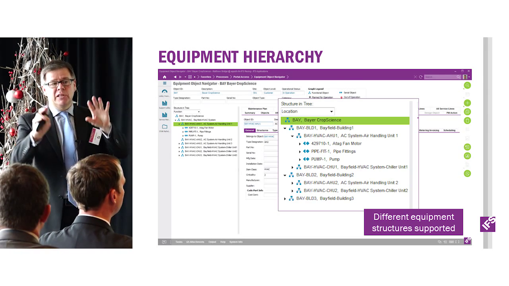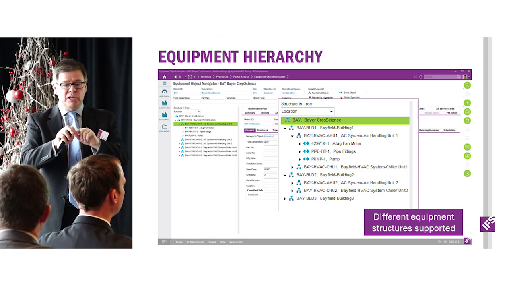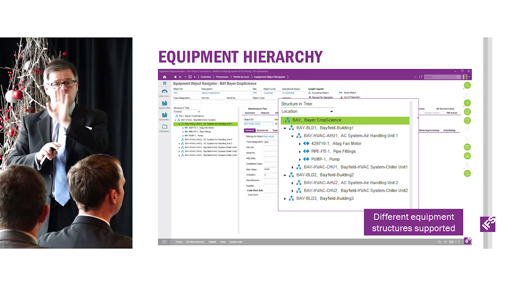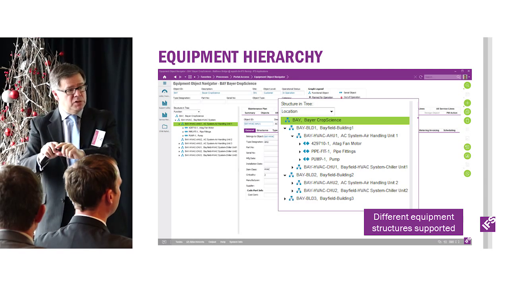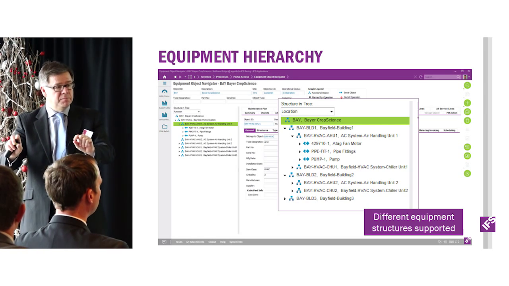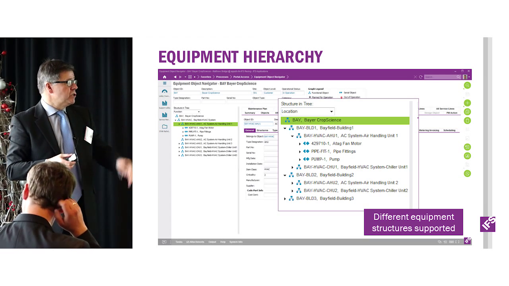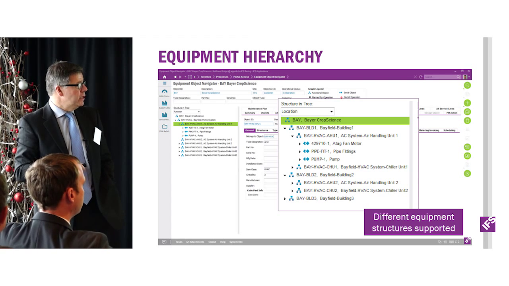The point to understand here is we can represent the asset structure in many different ways so that it is easier to come to the correct item. Again, that's a relatively new feature. It's been around for us for about 2.5, 3 years. And again, quite unique.